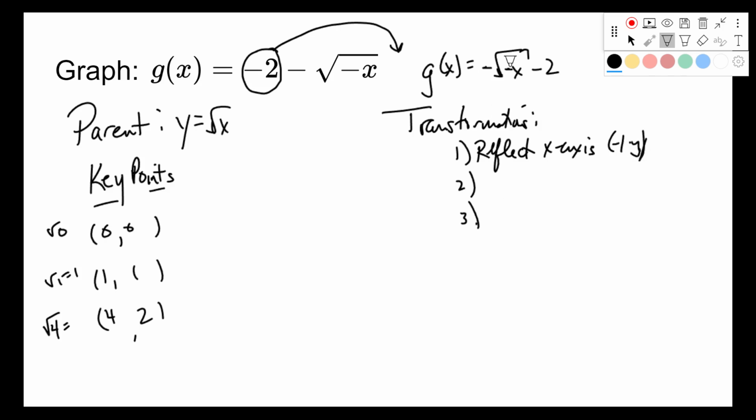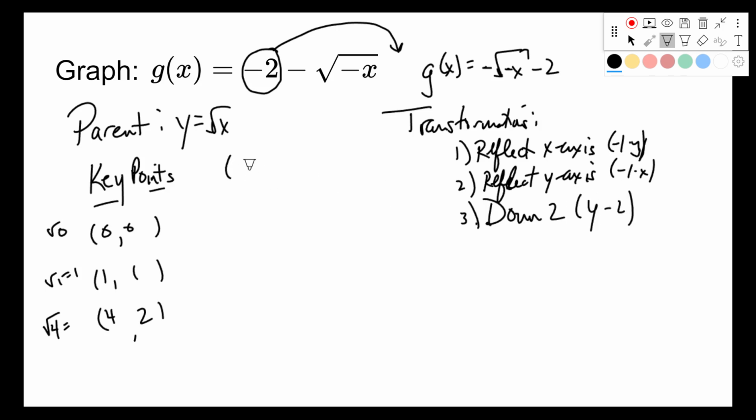This negative multiplying x is going to reflect over the y-axis. It's going to take the x's and multiply them by -1. Literally says that. The -2, down 2. All right. So now, that takes the y's and takes 2 away.